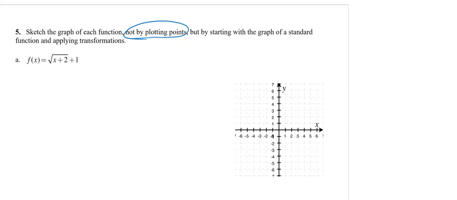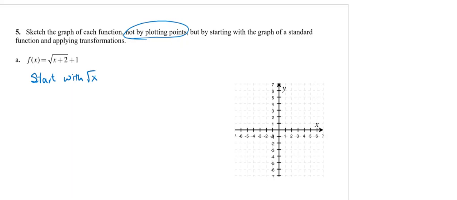For this one, we are going to start with square root of x, and then we will follow order of operations. That plus 2 is inside the square root. We have to take care of that first.